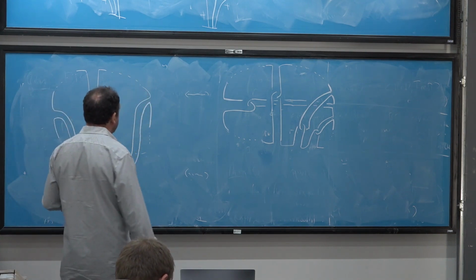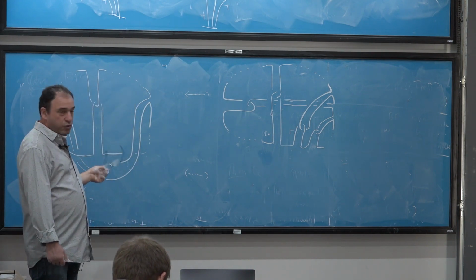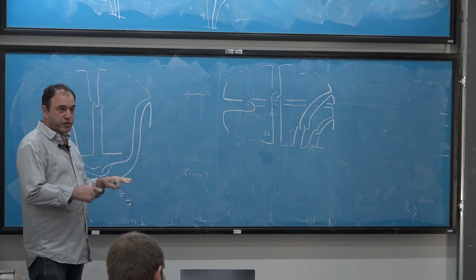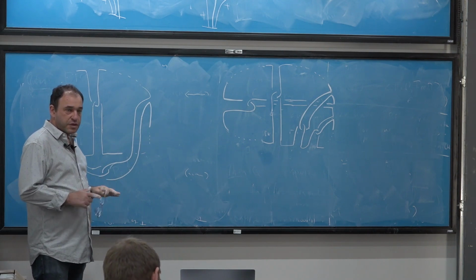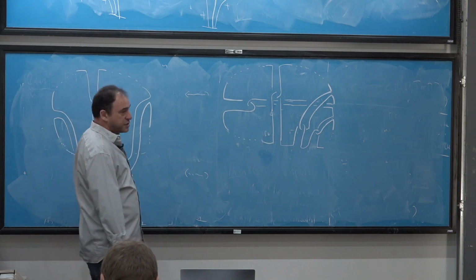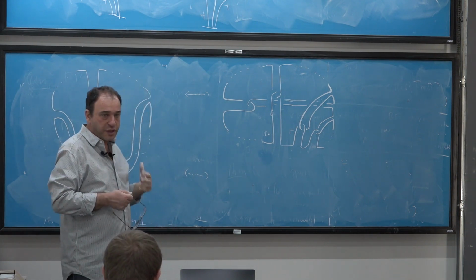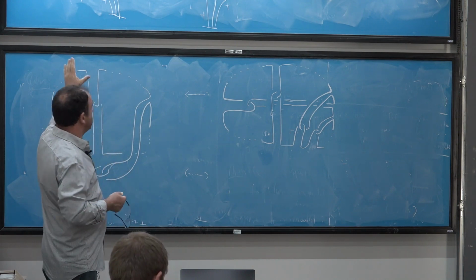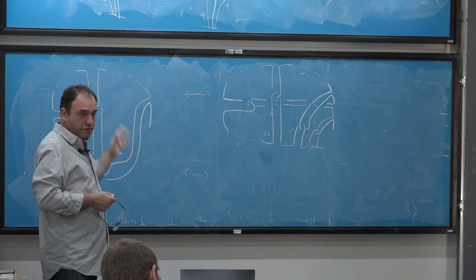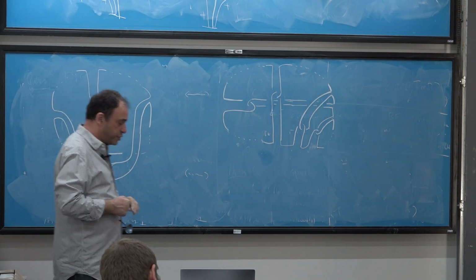I have to say that there are simpler moves. There are other moves that are also valid, that involve 3 chords, and they're slightly less intimidating than C4, but they do not seem to be sufficient to generate everything. So this, in a way, is a minimal set of moves necessary to produce knots.